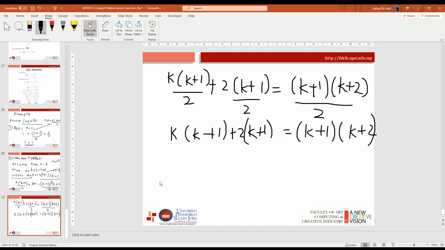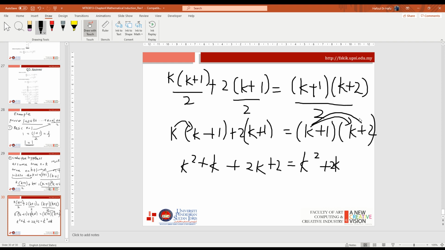Okay, so from here, k to the power of 2 plus k plus 2k plus 2 is equivalent to k with k to the power of 2 plus k plus 2k, this one, plus k, this one, plus 2.